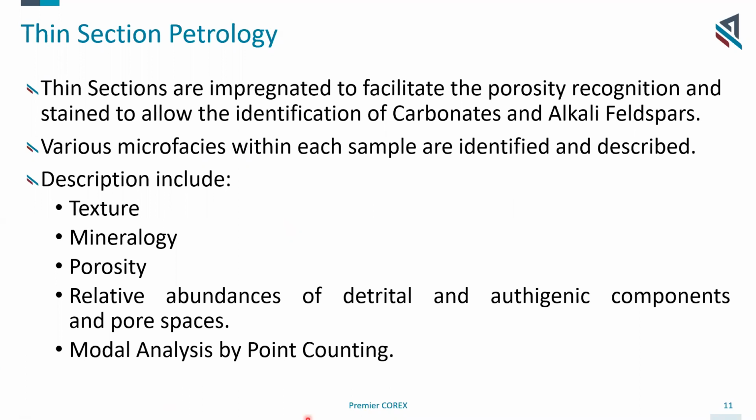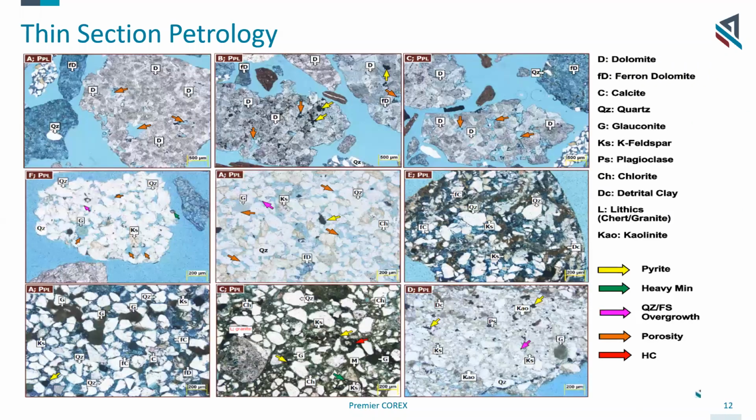And just some nice examples of different thin sections. Here you can see, in this one, there's quite a lot of blue between the grains, which we would consider to be porosity.